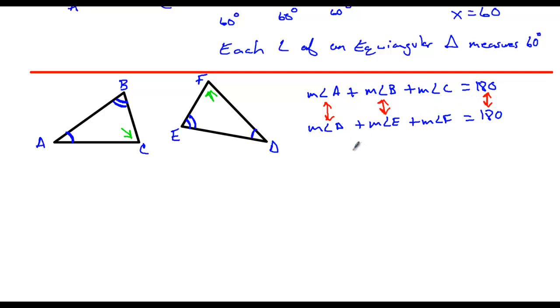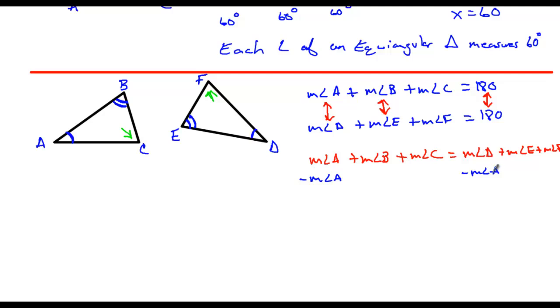So I'm going to rewrite this a little bit differently. I'm going to write that the measure of angle A plus the measure of angle B plus the measure of angle C equals the measure of angle D plus the measure of angle E plus the measure of angle F. And I had to write kind of small there to fit it on my screen. But so I'm going to subtract the measure of angle A from both sides.